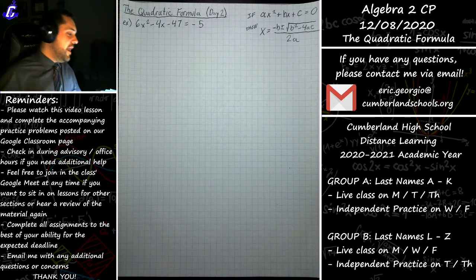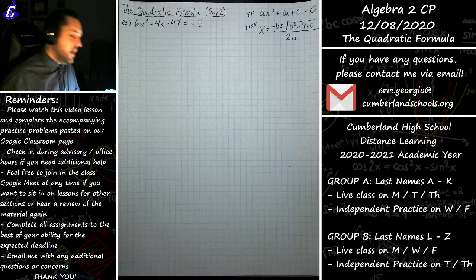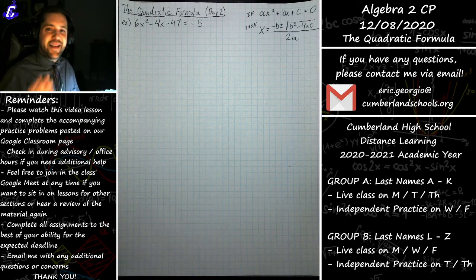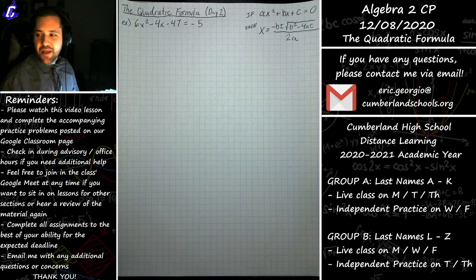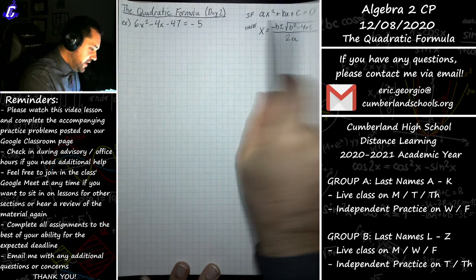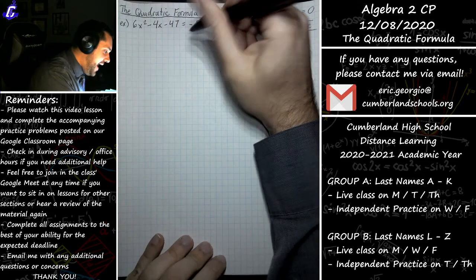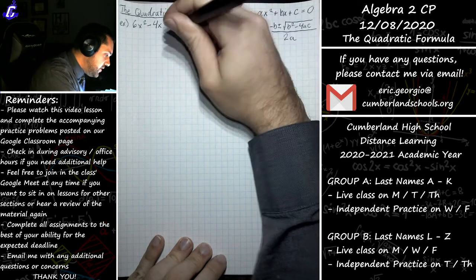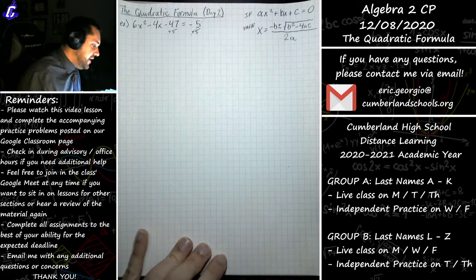All right? Anyway, we can go ahead and use this formula to solve this quadratic equation here. Of course, we can't quite get started yet because my quadratic equation is not in standard form. So the very first thing I'm going to do is rearrange the terms such that it is in standard form. We can do that by adding 5 to both sides to move that negative 5 back over to the left-hand side.